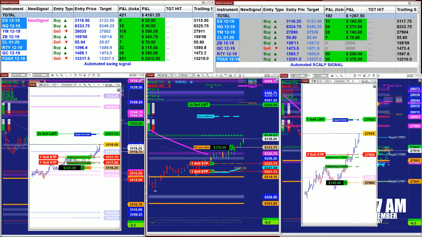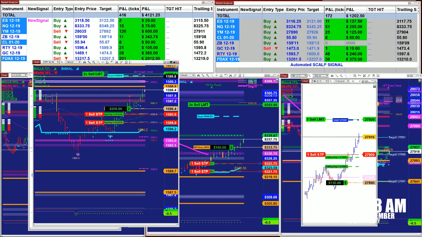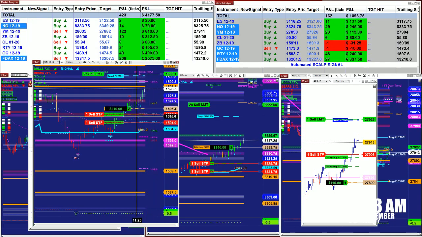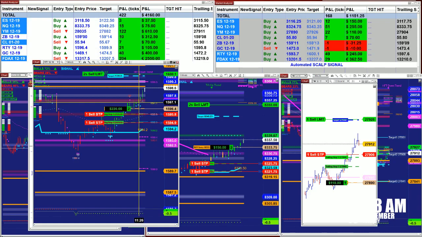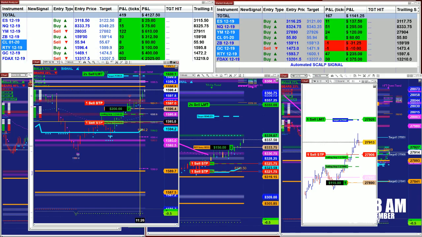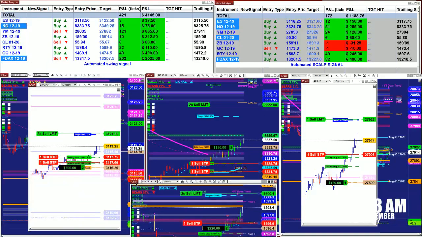On the Russell, we have a resistance line at 59.2. So we're gonna go ahead and extend the target here, protect the profit. We are done with this one. I'll keep my eye on it.